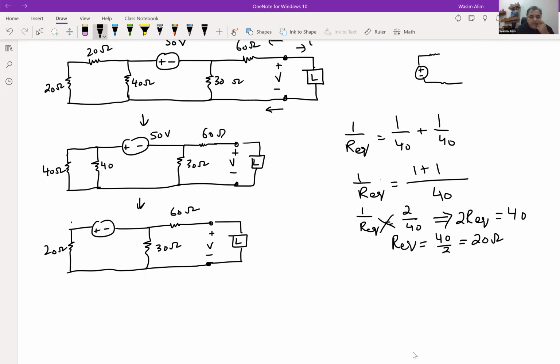Okay, so now in a more standard form, we can redraw this circuit in this way, where we have a 20 ohm, 30 ohm, and 60 ohm resistors.